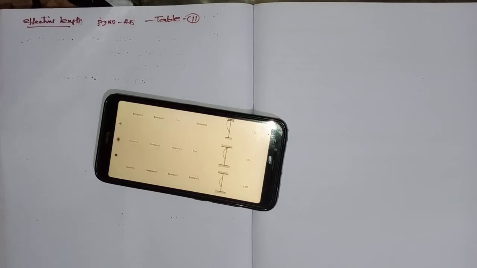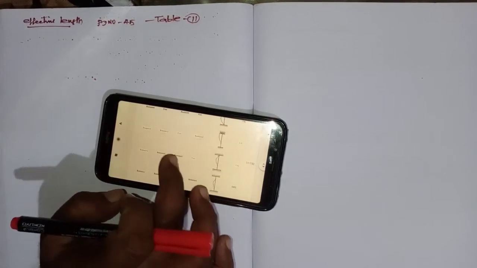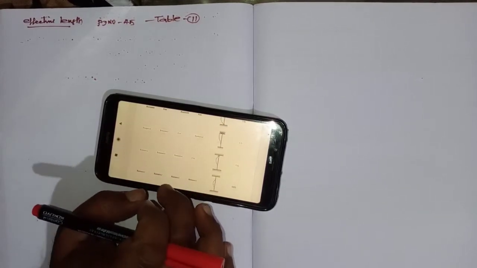Earlier, in columns and struts in your strength of materials and theory of structures, you had directly both ends of the column fixed, one end fixed and one end hinged, both ends hinged, one end fixed and other end free, like that. You had the conditions directly, where you got L by 2, L by root 2 and so on. So here the boundary conditions will be in terms of translations and rotations.